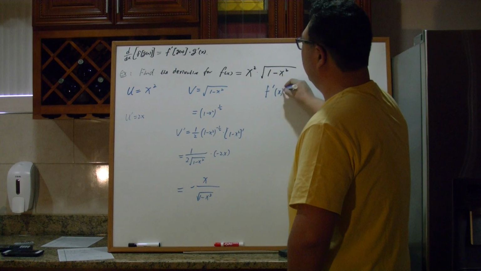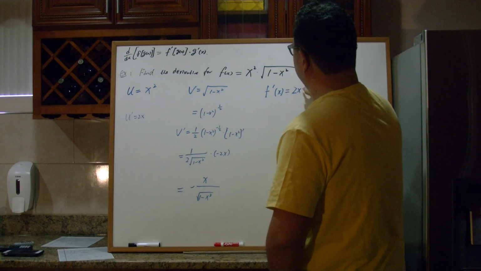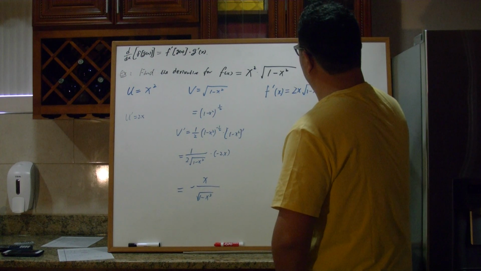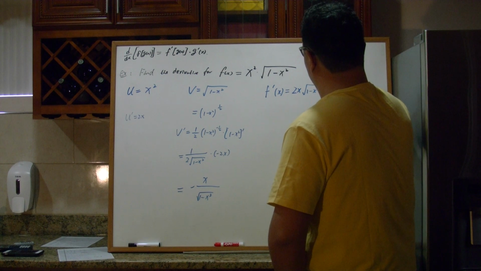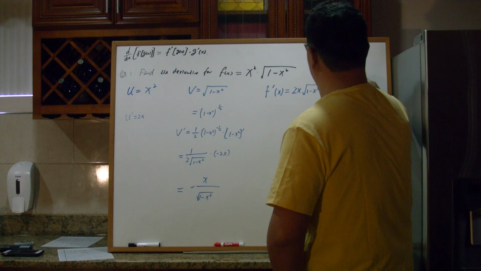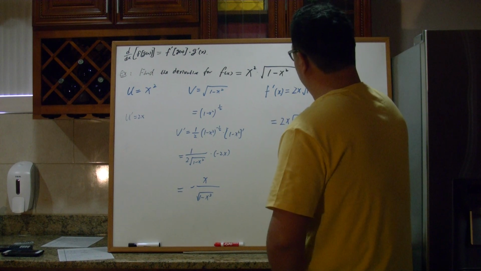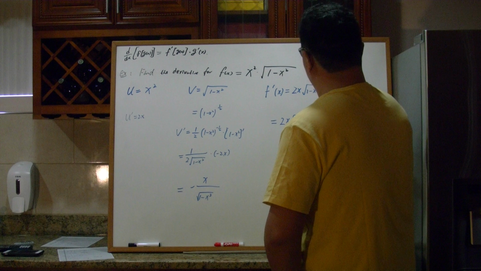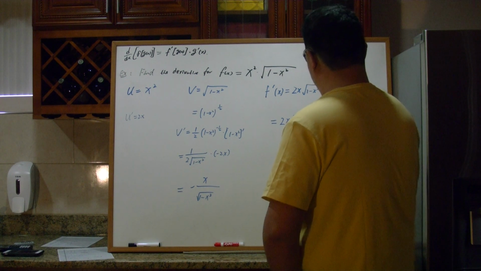Therefore f prime of x is u prime times v plus v prime times u, which is 2x radical 1 minus x squared minus x cubed over radical 1 minus x squared.